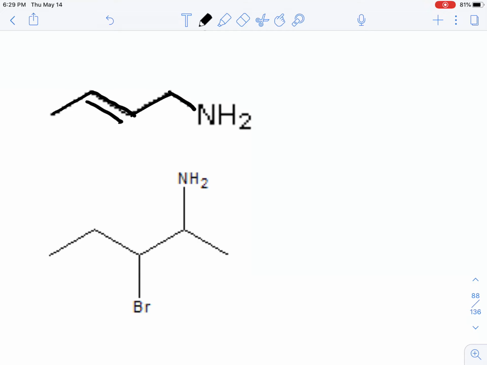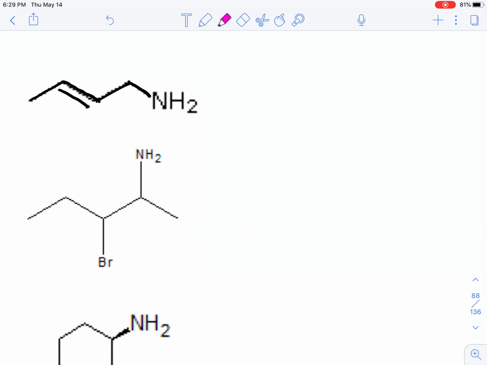Well, once again, we have to indicate the number of carbons, 1, 2, 3, 4. And so here in this case, we have a 4-carbon compound. And so we're going to get but. Now, since there is a double bond present, this is going to be butene.